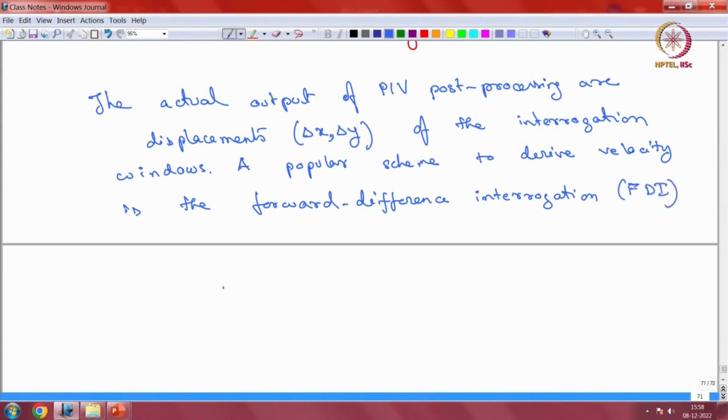And in this what you do is use the forward difference idea from numerical analysis to calculate the velocity.